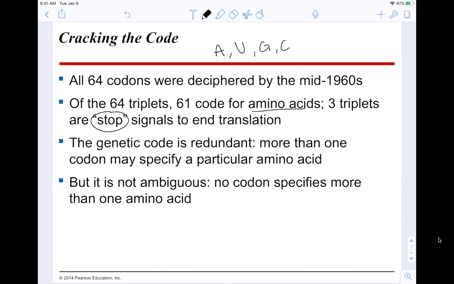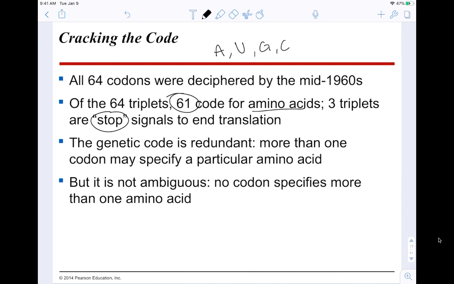Okay, so the genetic code is redundant because more than one codon can specify a particular amino acid. So more than just 3 letters in a row, it could be a different group of 3 letters or a different group of 3 letters. Your codons can equal the same amino acid. That makes sense because there's 61 codes for amino acids, and there's only 20 amino acids. So you know that it's redundant, okay?